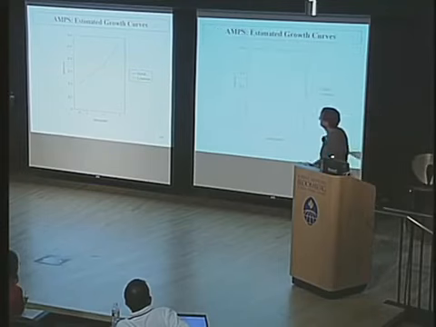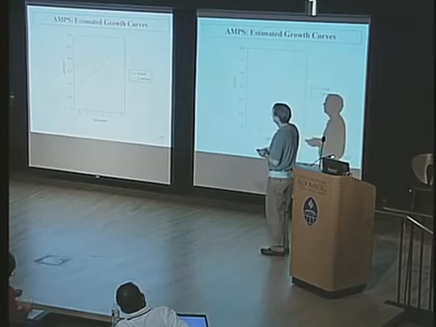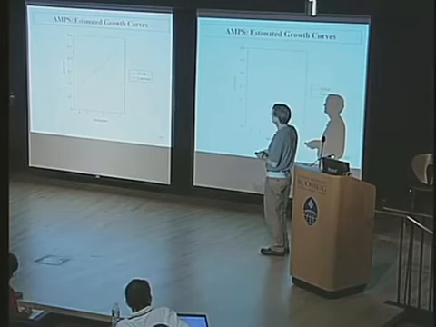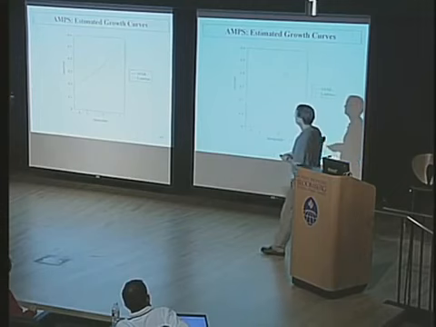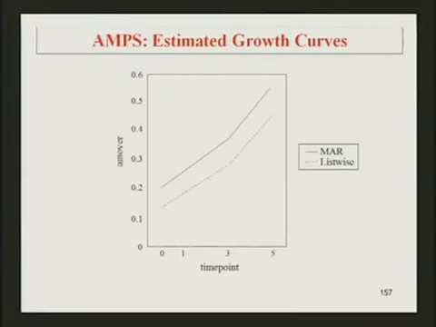So the question is, the estimated growth curves are plotted here, estimated growth curves under this model, using the listwise present sample and using MAR. Why is the MAR line higher? The scale here on the y-axis is bad alcohol behavior. The idea is that those who abuse alcohol more tend to be the ones who drop out.